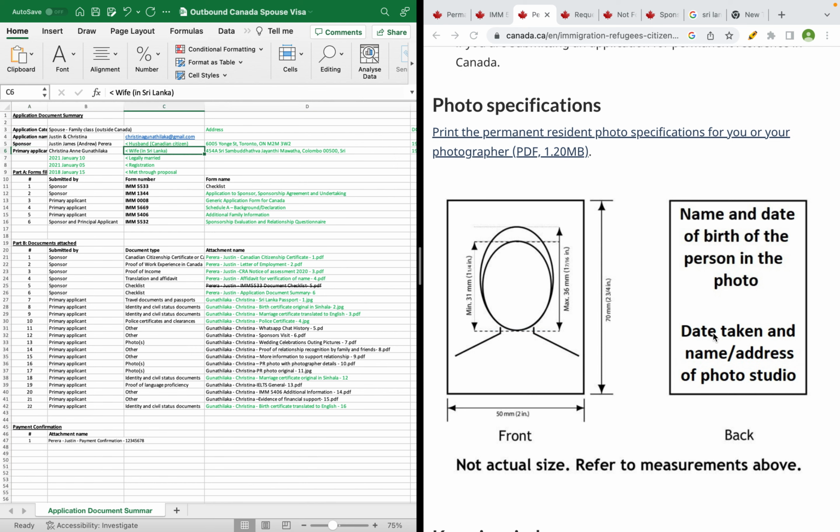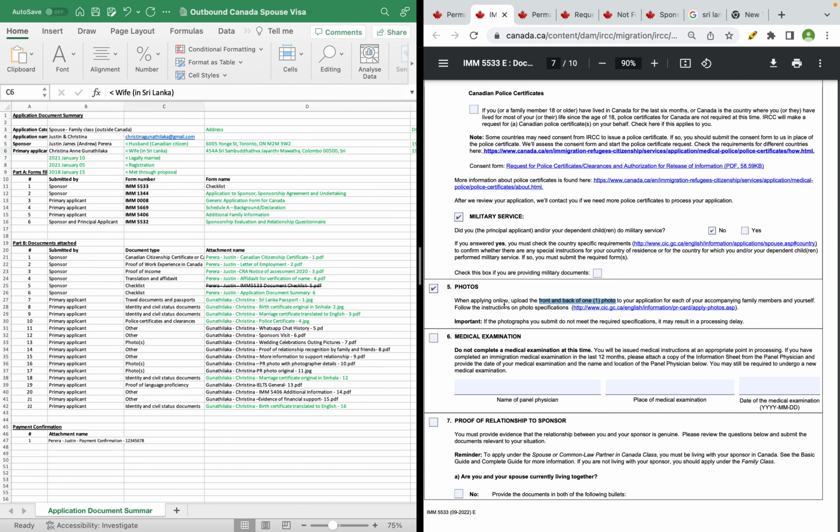Then you can ask them if they have a stamp and ask them to stamp it there, and the stamp will contain the name and address of the photo studio. Then you scan the front and the back and attach the PDF copy of it. That's exactly what you do here.